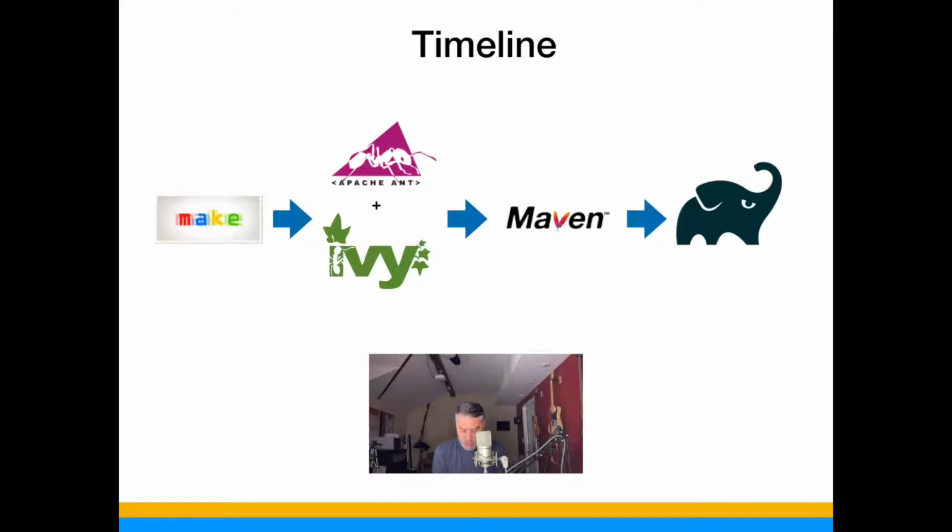Then moving on, the Apache project in the early 2000s started the Apache Ant project, and a lot of projects are still being built with Ant. It's okay, it's a decent tool. We're going to talk about it more in a second. With Ant Ivy, you can also manage code dependencies.